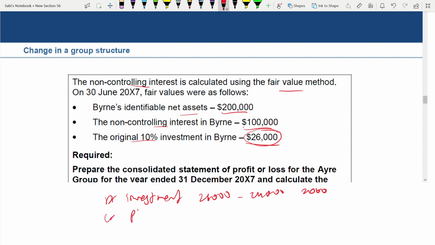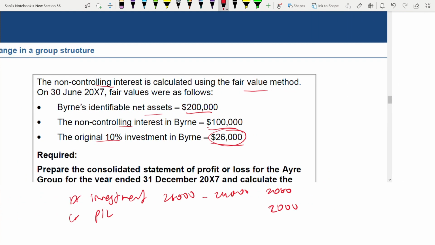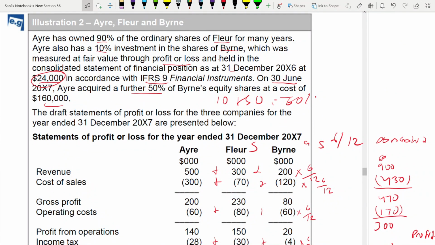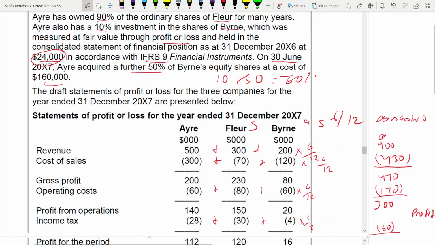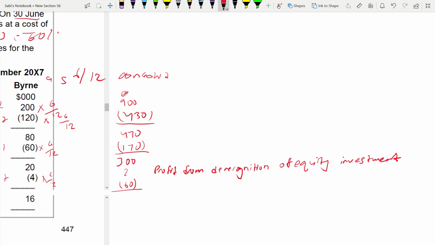It's a gain. Okay, now we'll put this 2,000. This 2,000 is the profit on derecognition of this one. Originally bought for 26 and then it was 24 on 31st. So now 2, so it becomes 242.